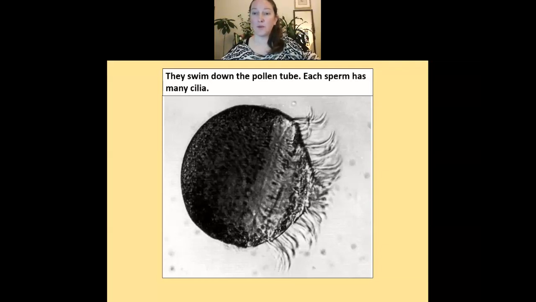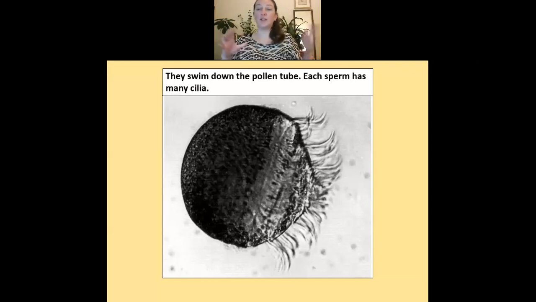So there's a question, is that just one sperm? Yes. So that's a single cycad sperm, which is part of the pollen grain. So that image shows one single sperm.